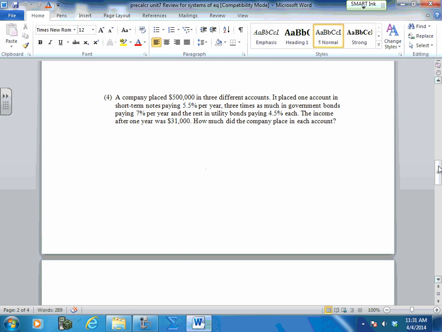Okay, number 4, again we're making investments. We have 3 different accounts. So let X equal the first amount at 5.5%, which is 0.055. Let Y equal the second amount at 7%.